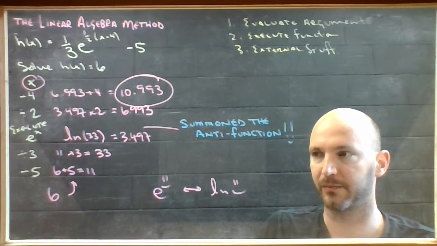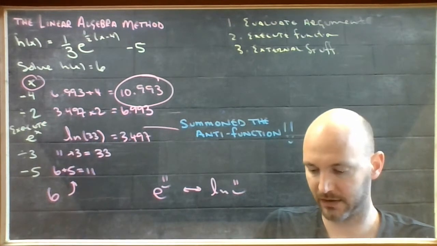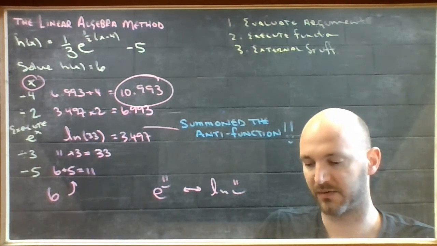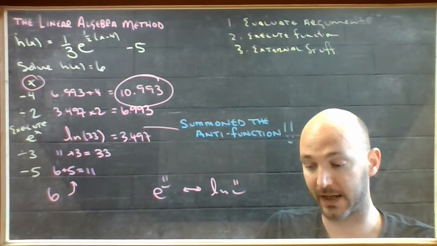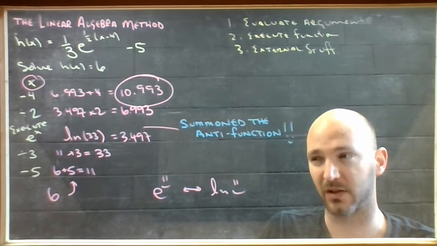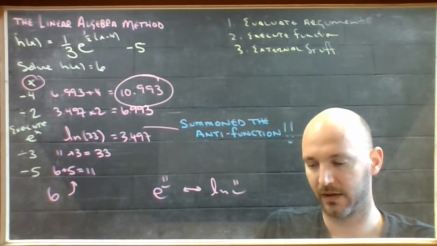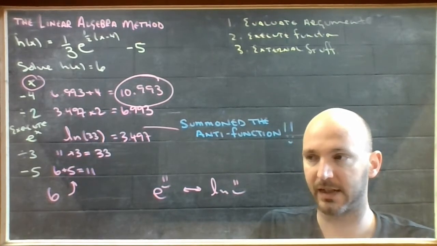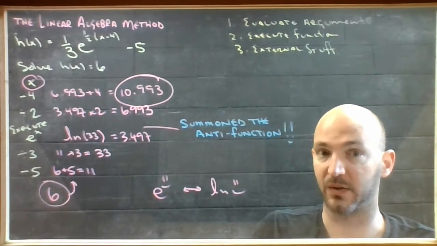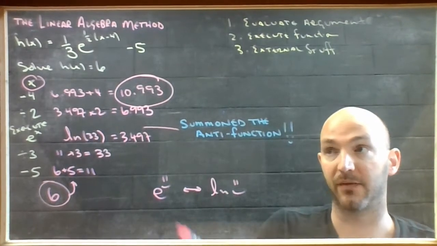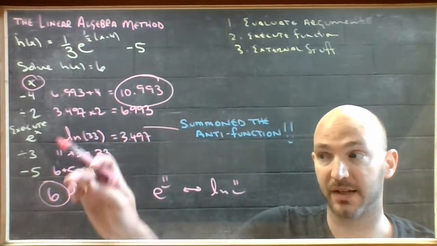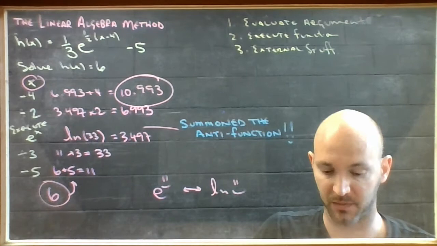It's close. Divide by 3, gives me 10.9999, which I bet is supposed to be 11. It's close, but not quite. Subtract 5, gives me 5.9999, which is pretty close to 6. So I've confirmed that this input does in fact give me 6 as my output.